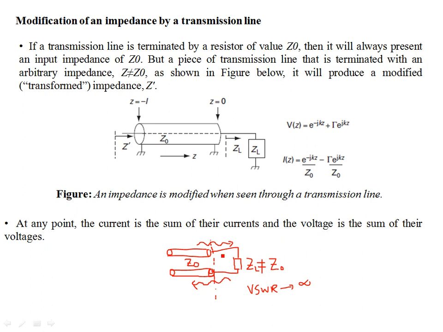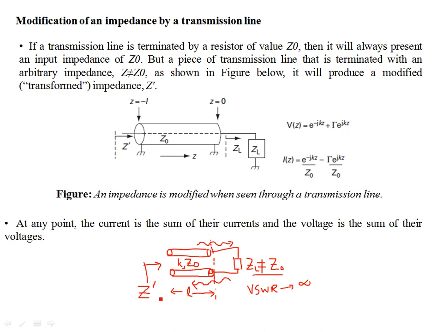If that is not the case, if ZL is not equal to Z naught, then we have a modified impedance for a transmission line which has, let's say, a finite length, call it small l, and a propagation constant k, in radians per meter, meaning how much it propagates per meter in radians. So for k, Z naught, and small l, the length of the transmission line, we have a modified impedance Z prime.